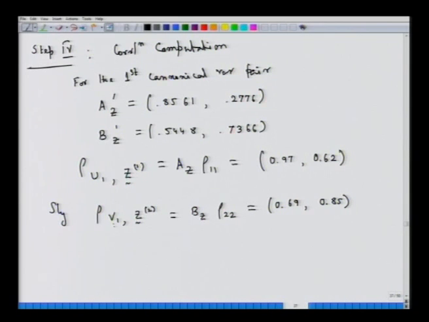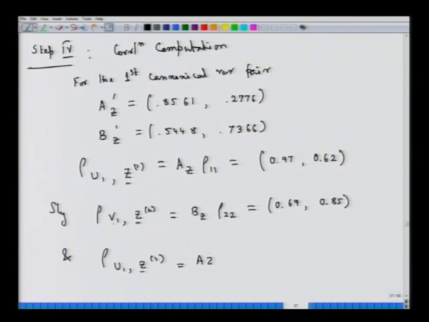So, if we look at the second component of the first canonical variable pair, which is V1, it is more closely associated with the second component of this Z2 vector than with the first component, with the two correlations reasonably high.